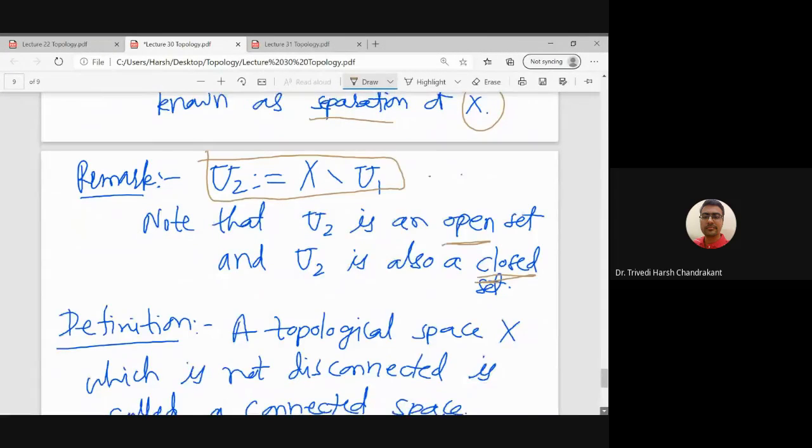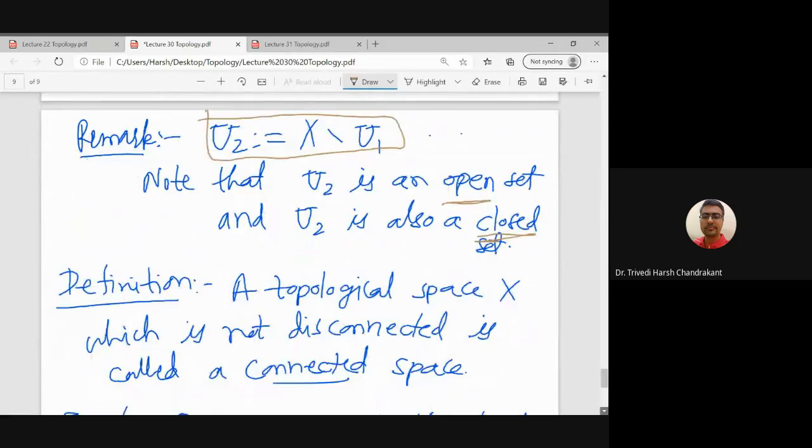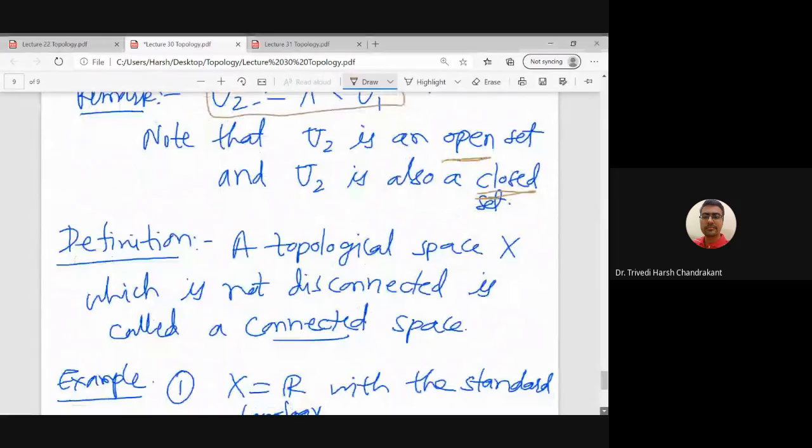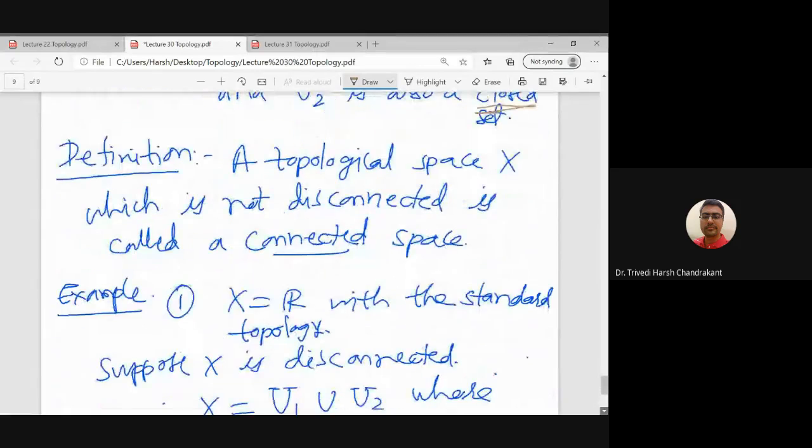A topological space which is not disconnected is a connected space. The first example we have seen is R with the standard topology.